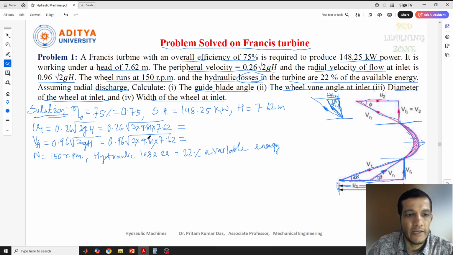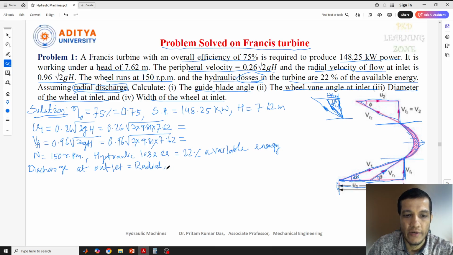Okay, next one. The data are given here, and one more thing is given: the discharge is radial. Radial discharge means the discharge at the outlet is radial.